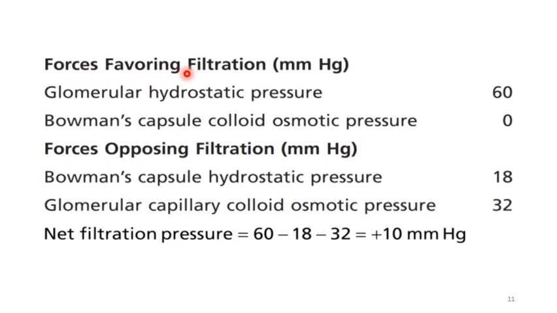Finally, forces favoring filtration are glomerular hydrostatic pressure, which is about 60 mm of mercury, and Bowman's capsule colloid osmotic pressure, which is 0 mm of mercury. Forces opposing filtration are Bowman's capsule hydrostatic pressure, which is 18 mm of mercury, and glomerular capillary colloid osmotic pressure, which is about 32 mm of mercury. Net filtration pressure is equal to plus 10 mm of mercury.